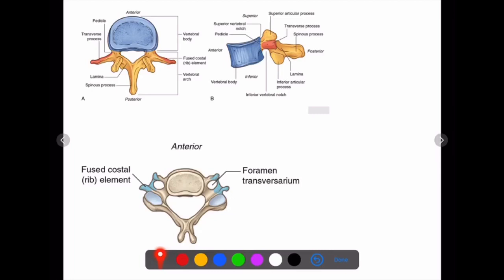As we said before, the vertebra is composed of 1 body and 2 pedicles, 2 laminae, 2 transverse processes, 1 posterior spine and 4 articular processes. All of them are pointed and marked in this picture.